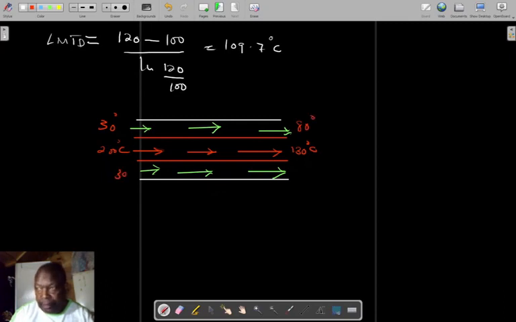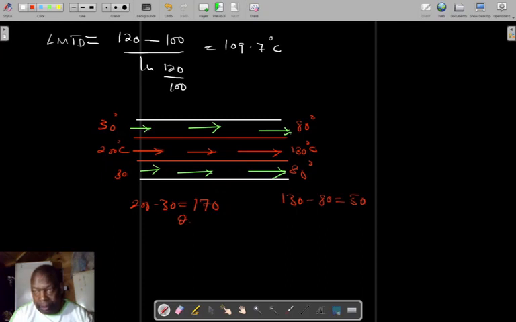So 200 minus 30 is equal to 170, and 130 minus 80 is equal to 50.